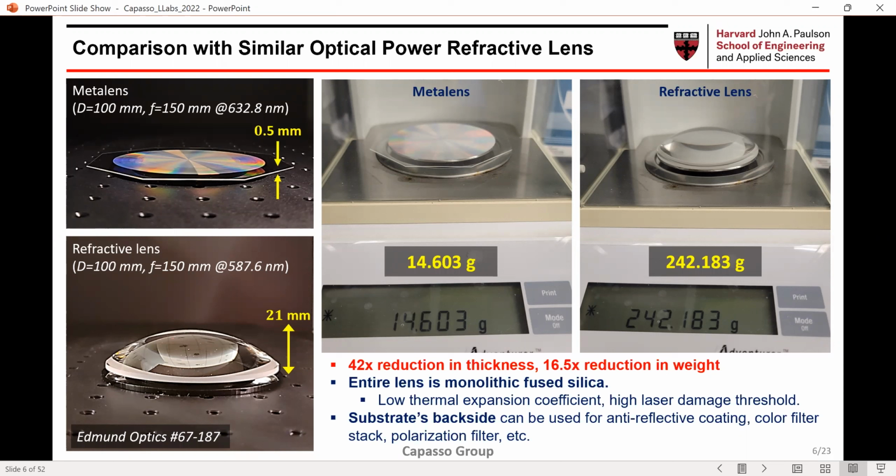Now, with that, I do not want to say we're going to replace refractive optics, period. It all depends on the application, but there are some high volume applications, such as camera modules for cell phones, for laptops, for sensors, where metalenses will have a major impact, and the whole camera module will be made by the foundry based on the design.